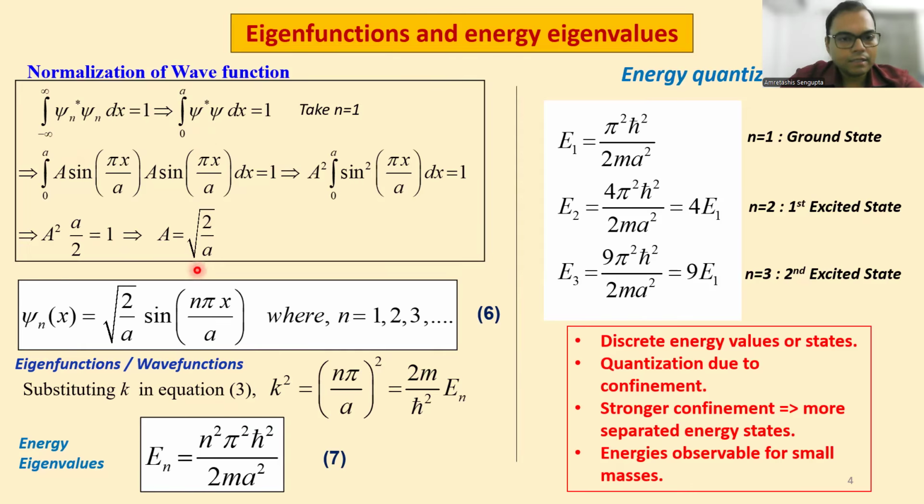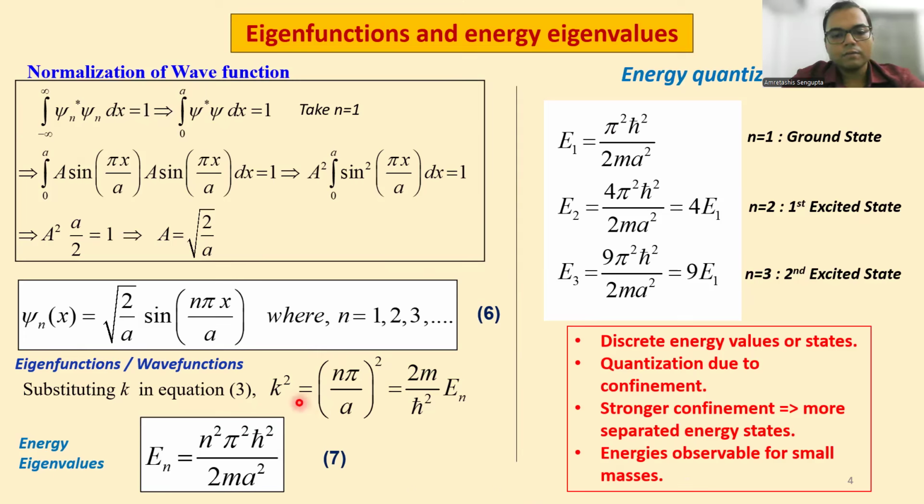That gives us the value of A to be square root of 2 by a. So the normalized wave function, or eigenfunction, for this problem is psi n of x equals square root of 2 by a sine n pi x by a, where n is an integer 1, 2, 3, and so on.